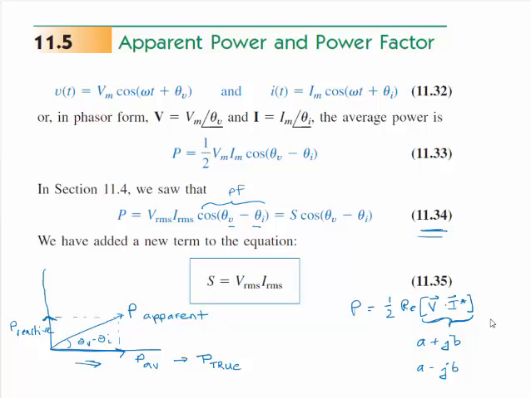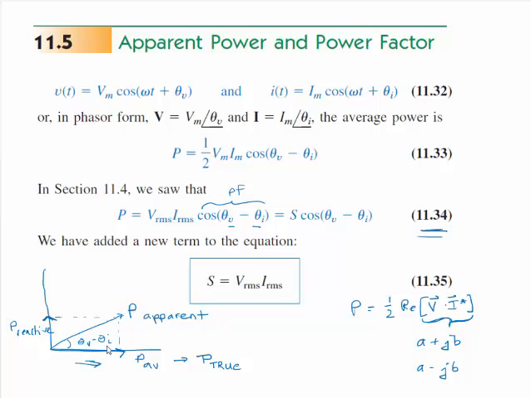Speaking of whether it's leading or lagging, the book likes to say whether the power factor is leading or lagging, which is sort of opposite to saying whether the power apparent is leading or lagging.